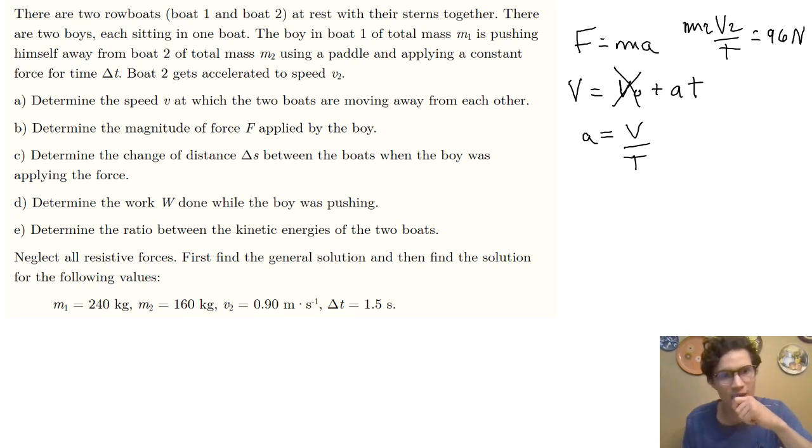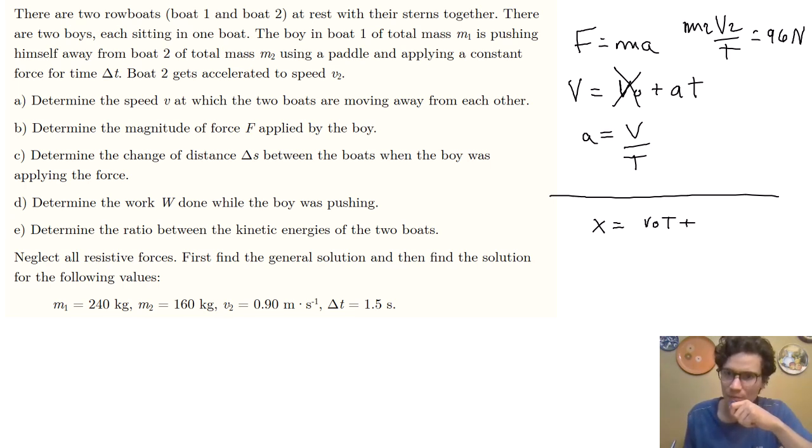Then we have to determine the change of distance between the boats while the boy was applying the force. How do we find that? We use the formula of distance. Distance is equal to initial velocity multiplied by time plus acceleration times time squared over 2.